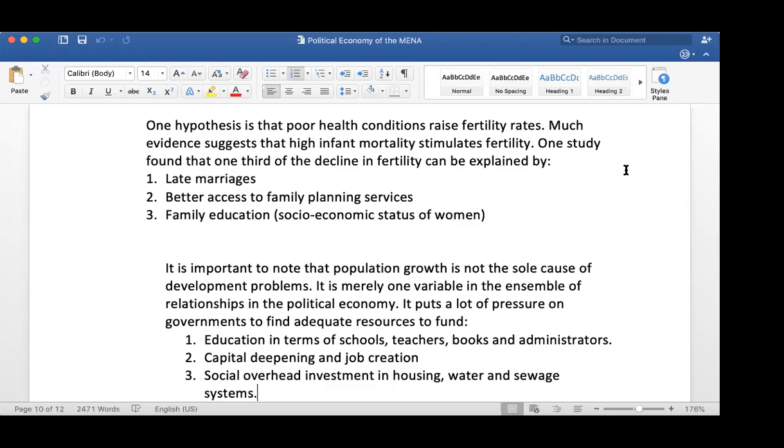The program pretty much collapsed after the Islamic Revolution took over, because the new regime, a theocracy, felt that family planning was associated with both the Shah, whom they were against, and the West, which they felt had a lot to do with the Shah instituting family planning in the country.